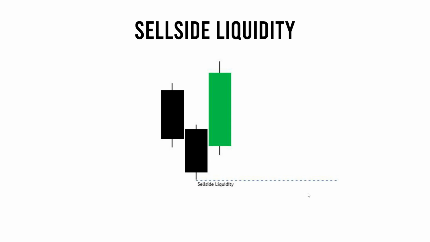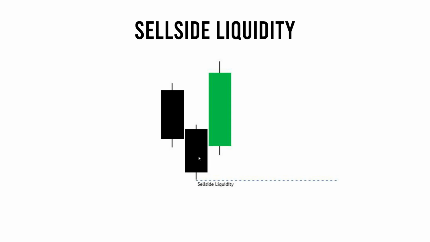So if you look at my screen right now, you would have a perfect example of sell side liquidity. We have a swing low being made here because it is a low that is lower than both of the candles right next to it, right? And the reason we would call this sell side liquidity and not this low is because we have to think about liquidity as stop losses, okay?